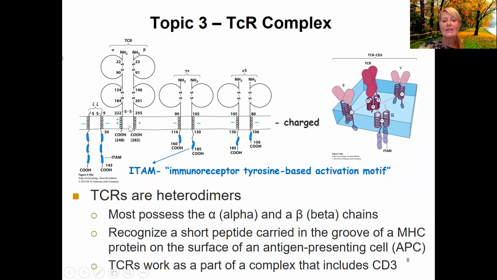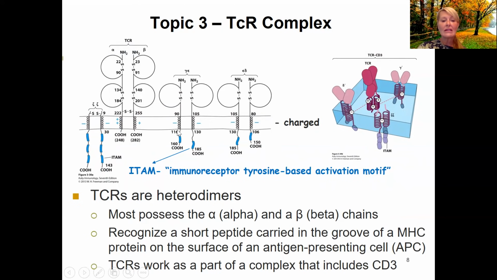When you have a short cytoplasmic tail, it tells you right away that those molecules aren't great at signaling. And so this TcR is designed to engage the MHC antigen, but not to signal the cell to become fully activated unless you have a CD3 complex and unless proper signaling occurs through that complex.